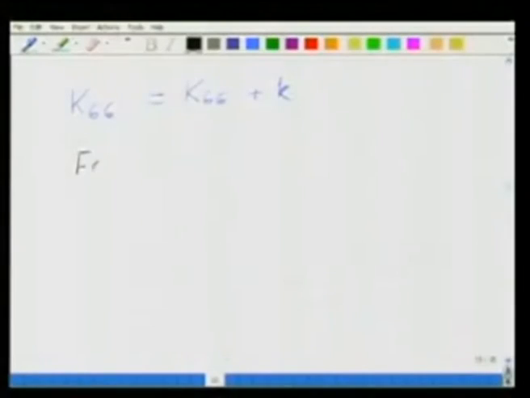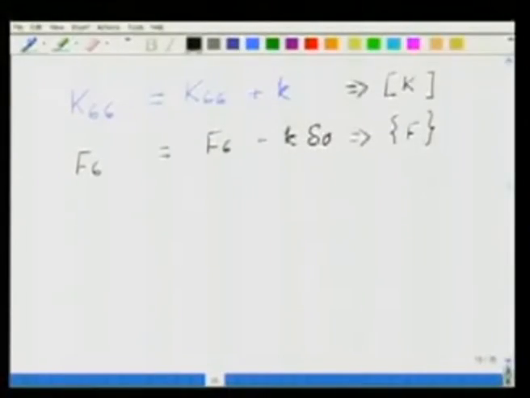So, let us do this thing. Now we will put K66 is equal to K66 plus small k, and F6 is equal to F6 minus k delta naught. So, these give us our modified stiffness matrix K and the modified load vector F, but our job is not yet done, because we have to also put that u1 is equal to 0.